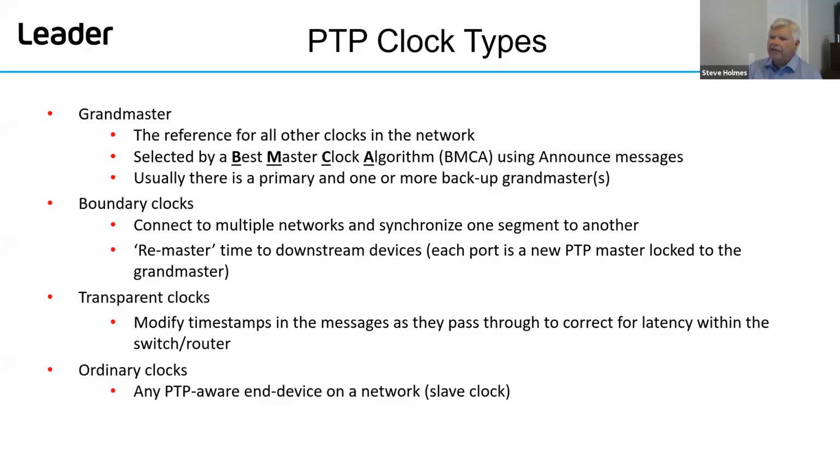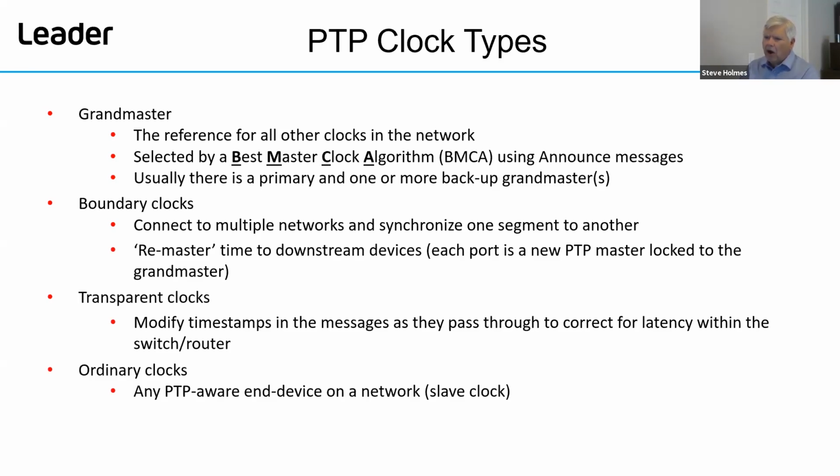They're going to look at the Grandmaster coming in, and they're going to remaster a new PTP source that is all locked to the Grandmaster. They are very handy and very nice because they actually cut down on the amount of PTP traffic that the Grandmaster actually has to deal with. And we'll look into that a little more in depth.